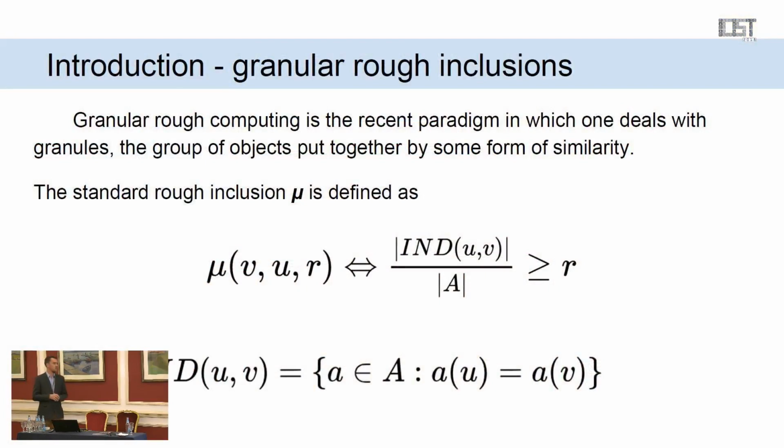When we are comparing two objects, we are looking for some indiscernibility, or in other words, similarities to some degree. Here it's letter R. So when these two objects are somehow comparable or have some number of similar attributes, the inclusion is present.